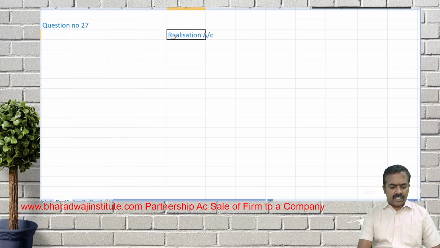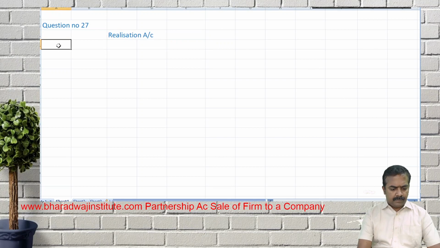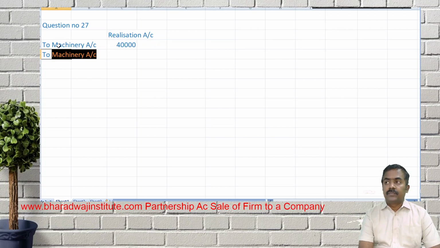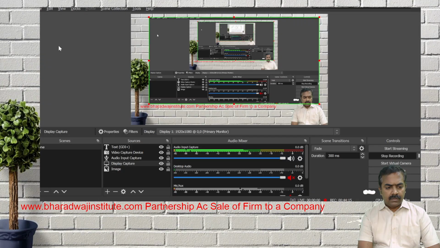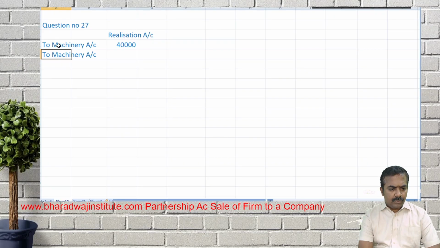Realization account. Transfer assets. Let us transfer assets individually. What are the assets? To machinery account. How much? 40,000. Apram to which one? To goodwill, how much? 10,000.